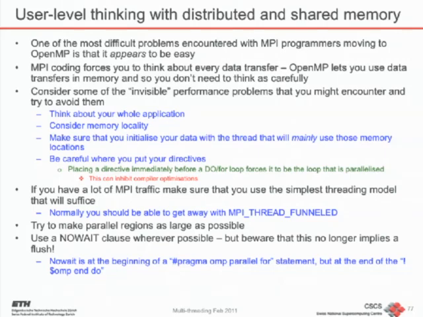Now, this next one's very important as well, and that is be careful where you put your directives. If you go along and put OMP do or for with your pragma on a particular loop, you might get a problem. I'm sure we're all very good at knowing how to nest do loops effectively for cache utilization, but if we're not, the compiler will normally see it and do it for us.